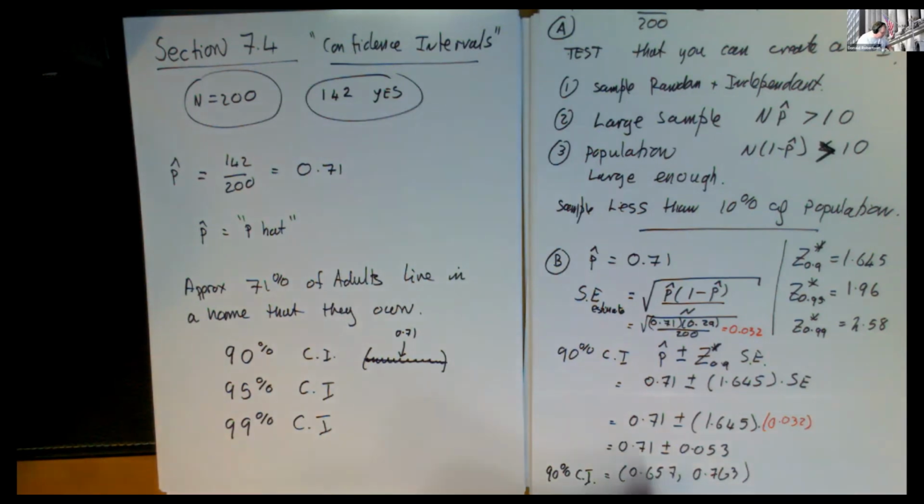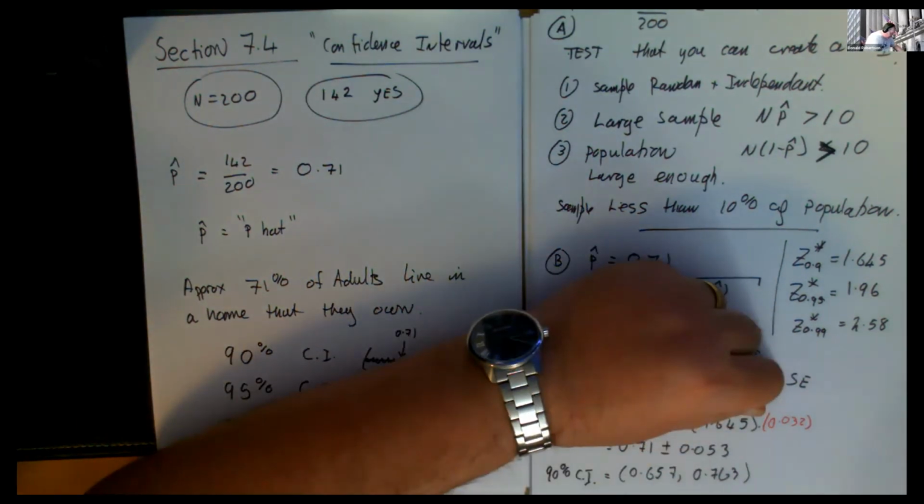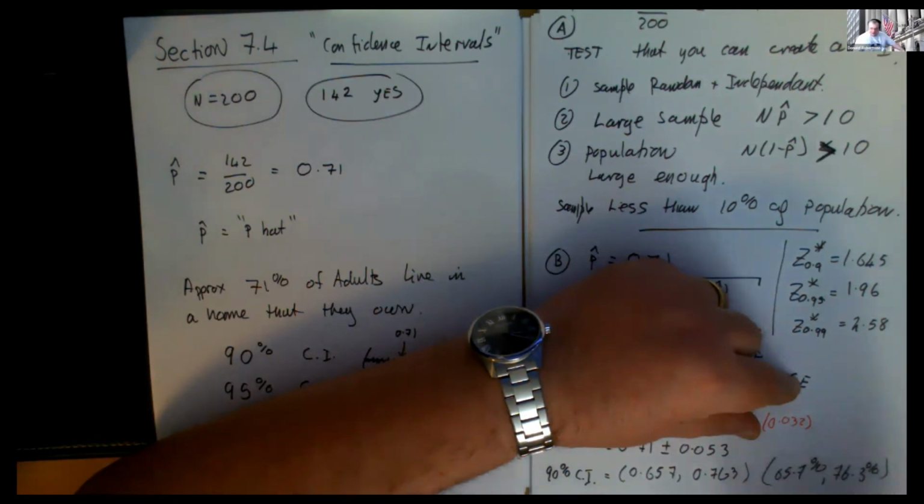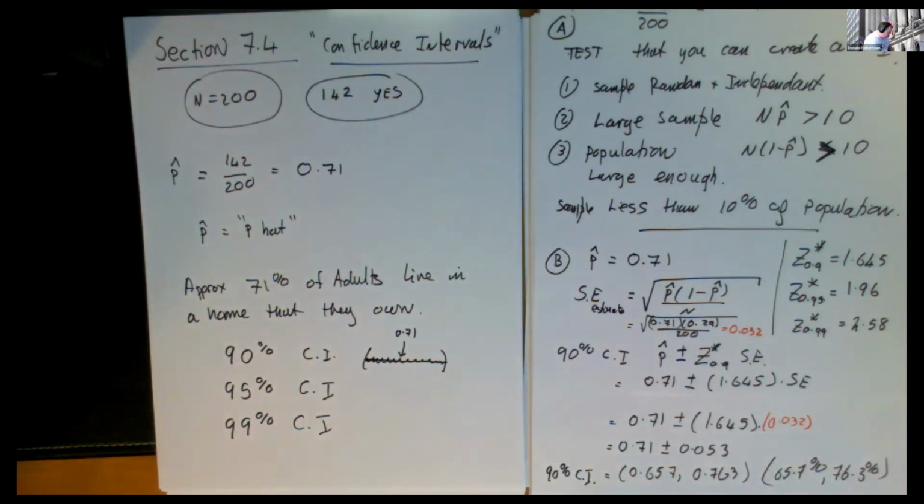Now, right now it's in decimals, which is what the calculator gave us. In most people's brains, proportions make more sense written not as their decimal value but as their percentage.